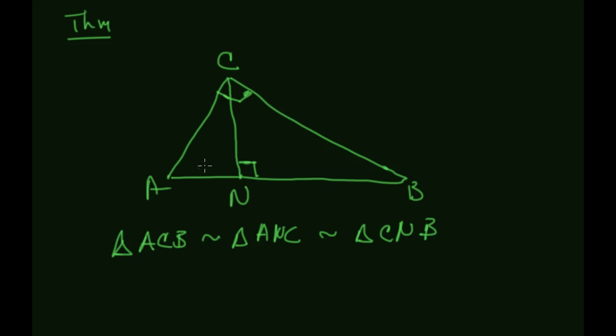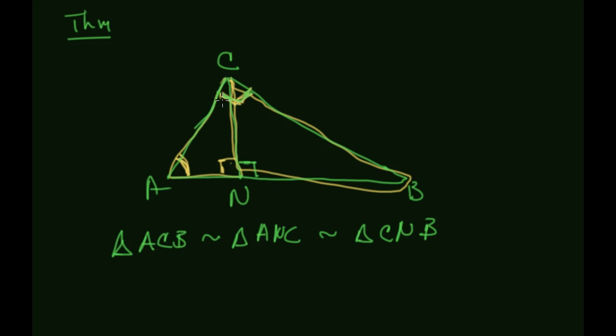So let's look at what's going on here. Basically we're saying that this small triangle here, this small triangle here, and the large triangle all have to be similar. If I take the small one to the really big one, they both have angle A, and they both have a right angle.